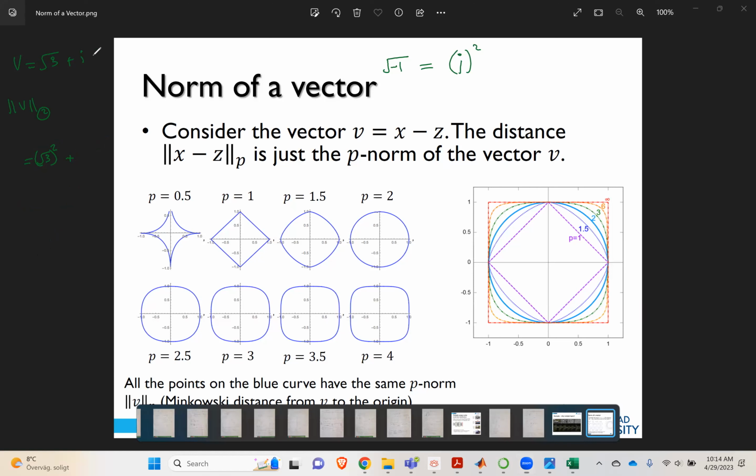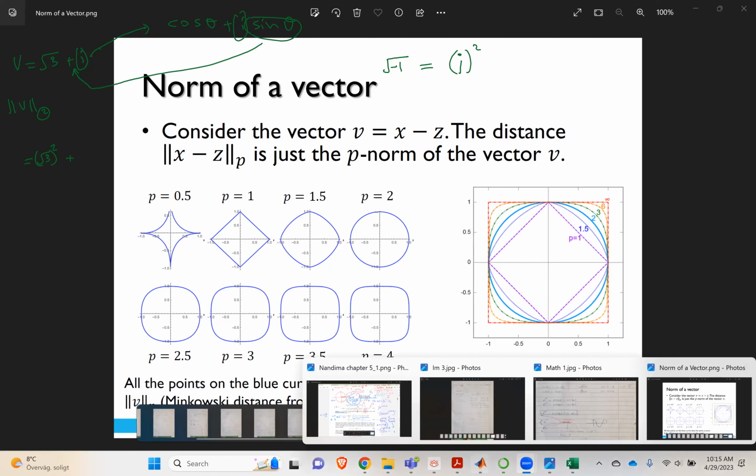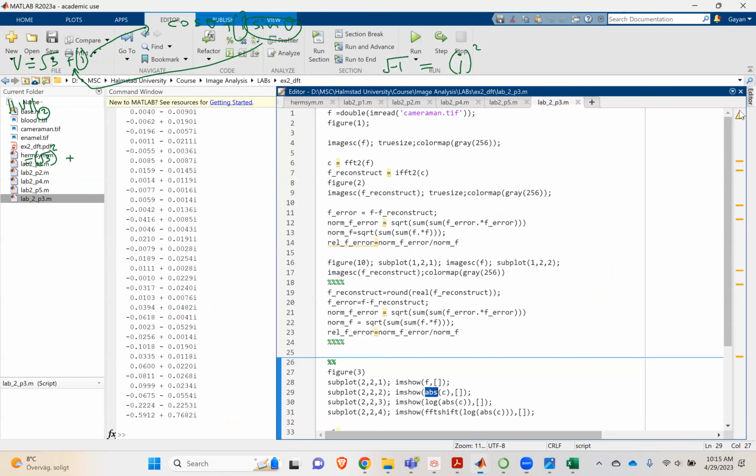See, the same one I will write in cos theta format: cos theta plus I sin theta. In here, this I is represented, but this sin theta is represented by some variable in here. What's the variable in here? That is 1. So you can see the same thing in these data matrices also.